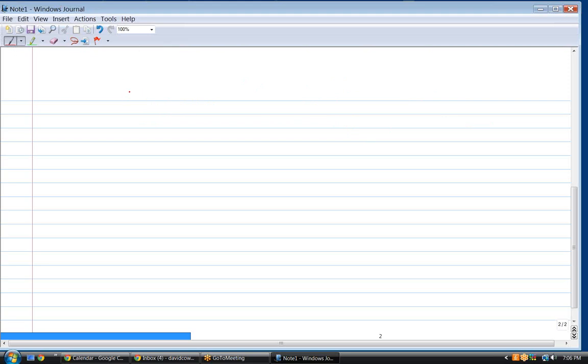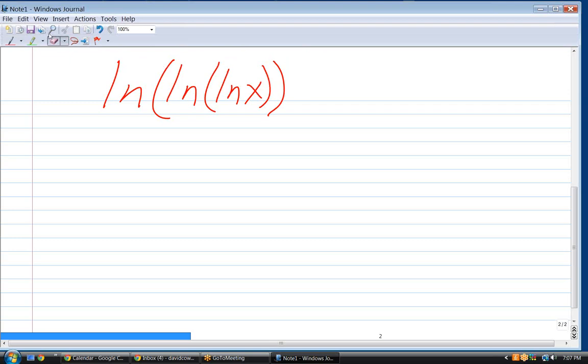I got lost in all those parentheses. Natural log, parentheses, natural log, parentheses, natural log x, parentheses, parentheses, equals 3. Yeah, and then equals 3. Okay.